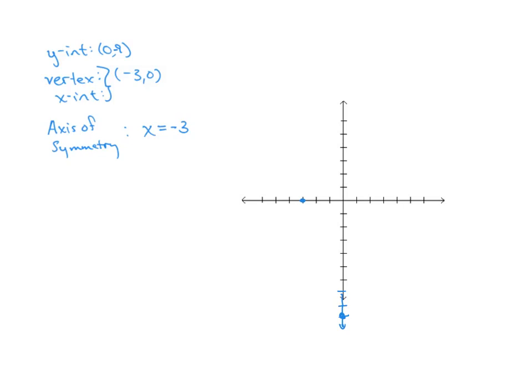And our axis of symmetry is x equals negative 3. Okay, we need a symmetric point. So if we go 3 to the right of our vertex, we are at negative 9, which means that if we go 3 to the left of our vertex, we should also be at negative 9.